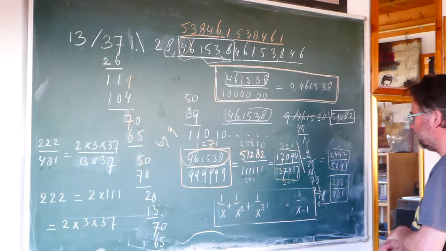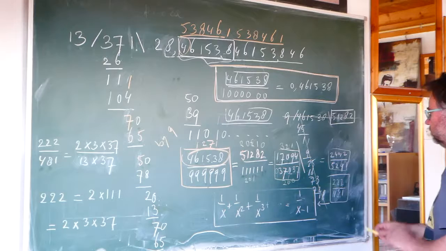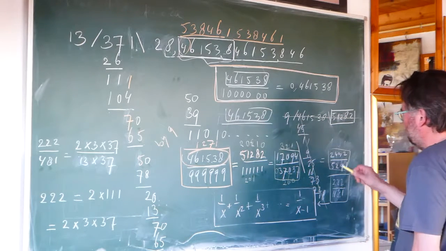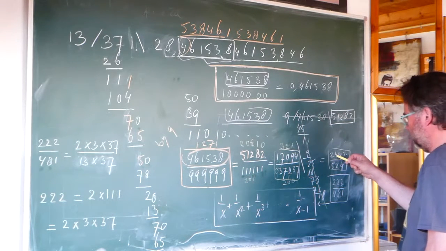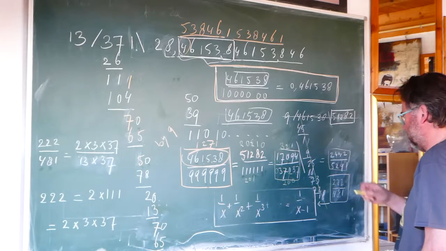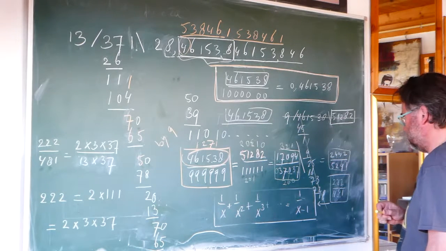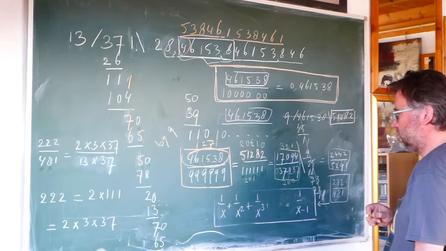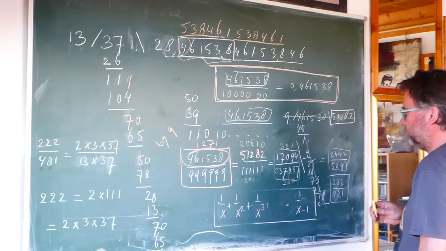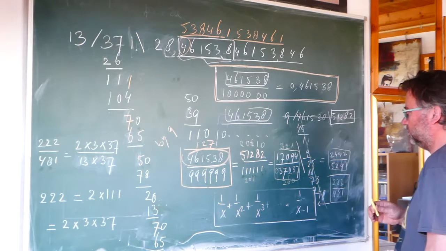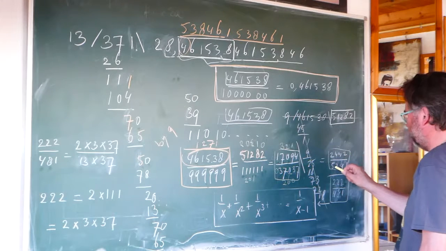Does it contain another 7? Another 7. 2, 4. 2, 5, 2, 9, 1.